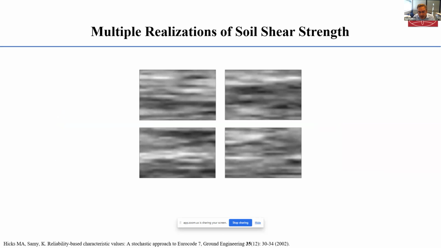And they will all look similar because they've all been generated using exactly the same set of statistics, but they will all be slightly different with respect to where the strong and the weak zones are. And each one, when used in our slope stability analysis, will give us a different response of the structure.